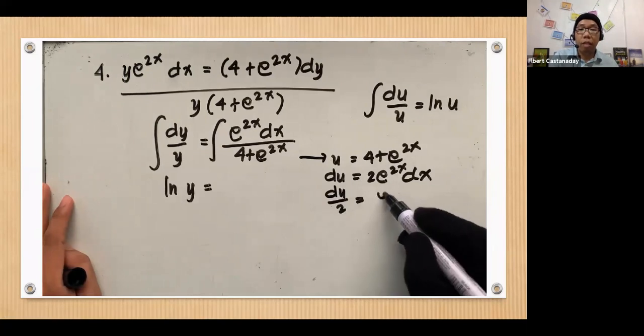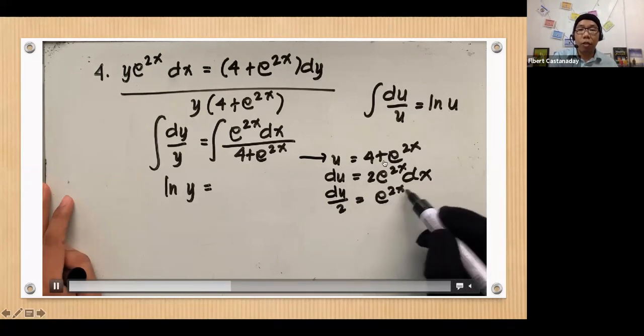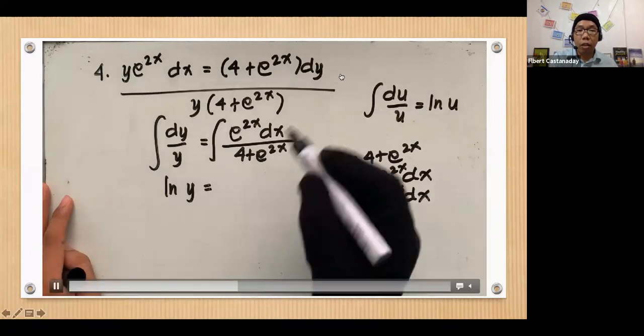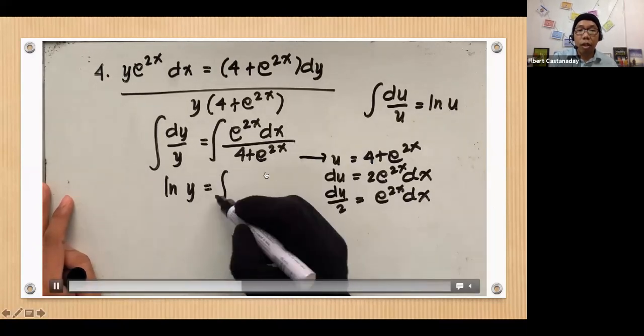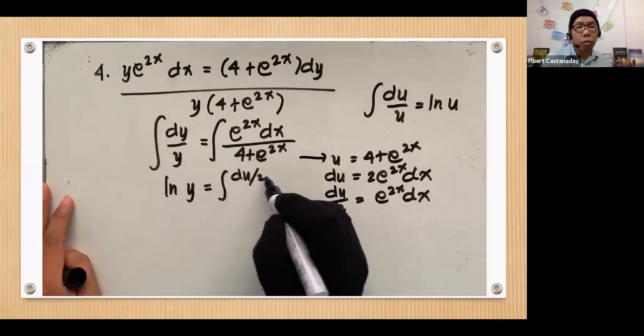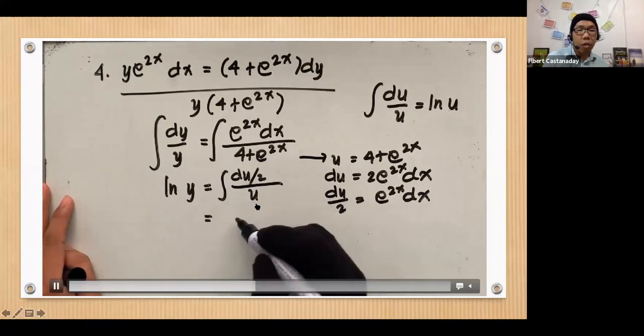Dividing both sides here by 2 so that we can apply this substitution, e raised to 2x dx is equal to du over 2, all over this denominator represented by u.